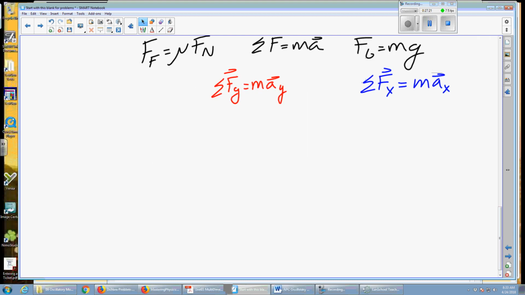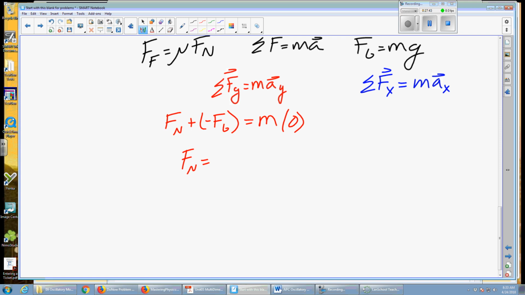So in the y direction, I would have positive force normal plus a negative F sub g will equal m times 0, because there's no acceleration. So force normal equals F sub g, which I know equals mg.